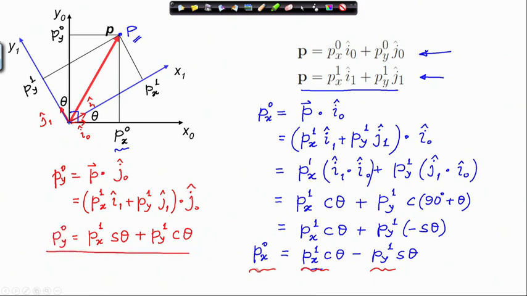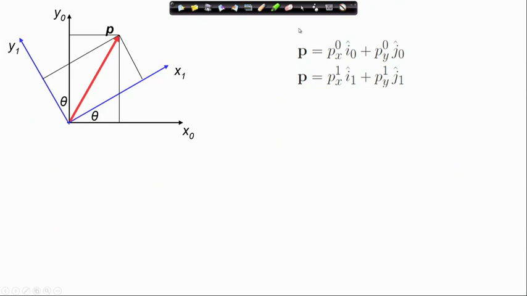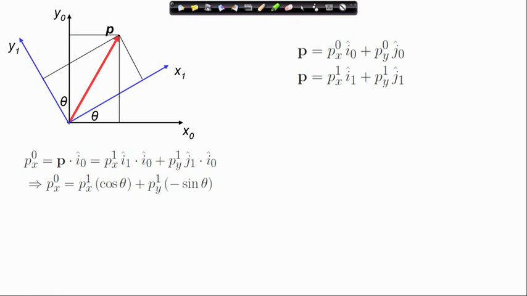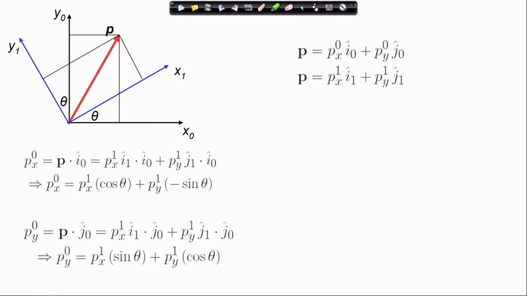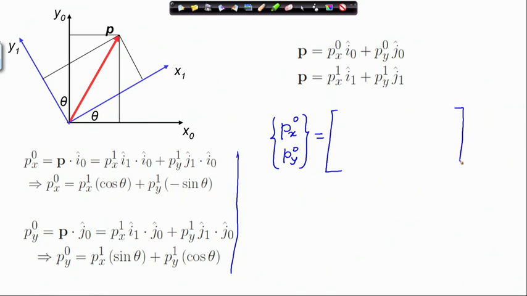So, I finally have these relations. Let me show these things formally. I have shown you how to obtain these relations. Now, I will assemble them. Px0, Py0, which I will write as a column vector, is equal to some matrix times Px1, Py1.